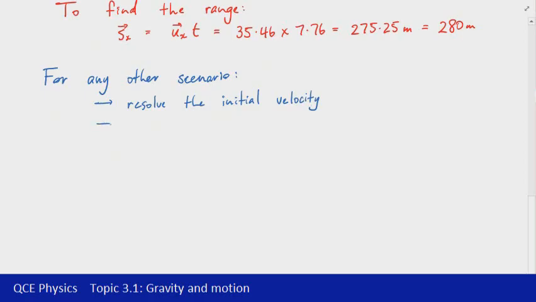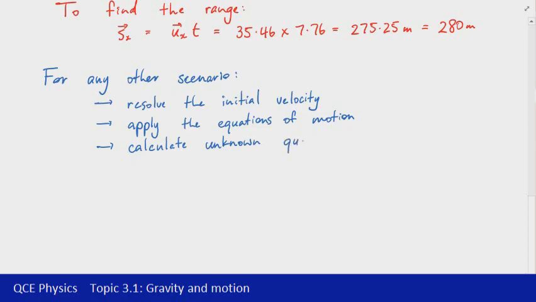You'd then go through and apply the equations of motion as needed, depending on the information that you've been given in the question. And basically then, after applying the equations of motion, the purpose of that is to calculate the unknown quantities. And that may involve combining components to find, say, the final velocity.